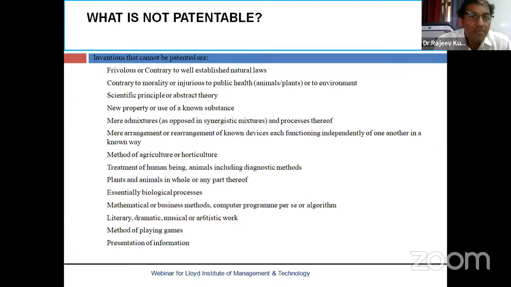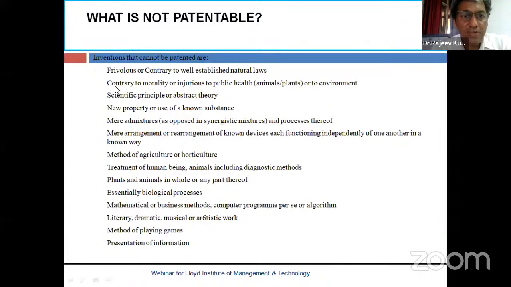So all these are well-established natural laws which cannot be challenged, and any invention which is against these laws, or which says that these natural laws are incorrect, is not possible.